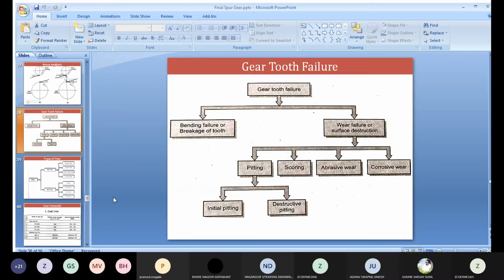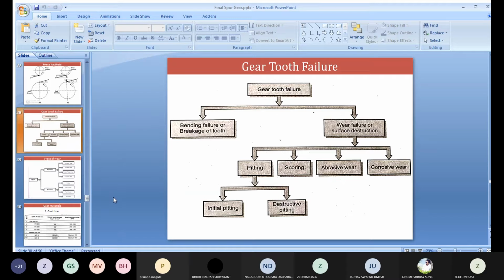So at the time of machining it has maintained the height, like one module or 1.185 module, we have seen addendum and dedendum. If a crack is formed, the height of that particular tooth is going to increase, and again due to that proper meshing will not occur, and due to that sudden breakage will occur in the teeth. That's why we have written error in the tooth profile. Correct. So this is about the initial pitting.